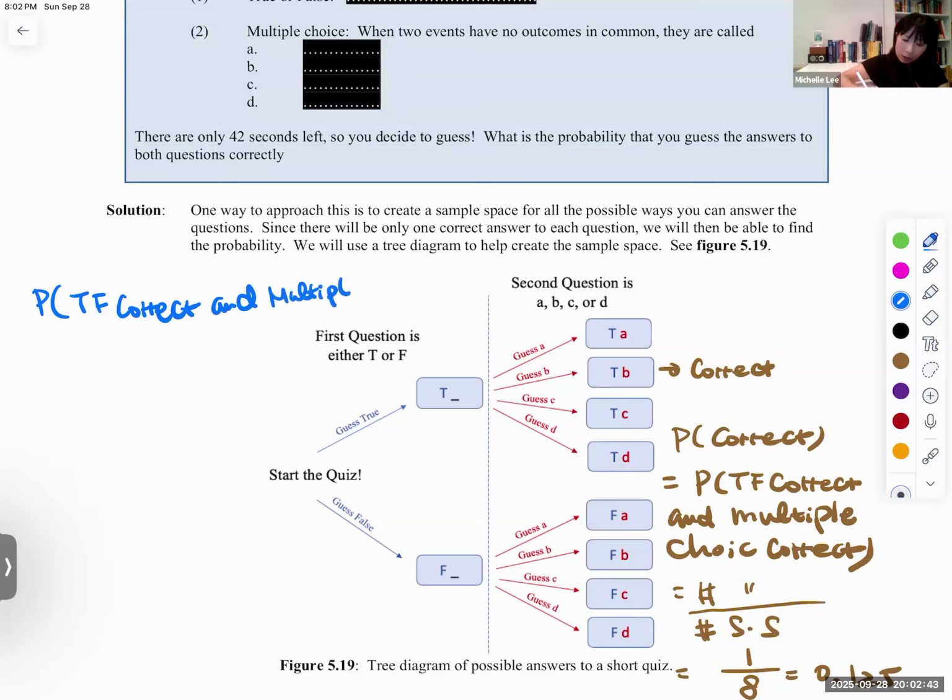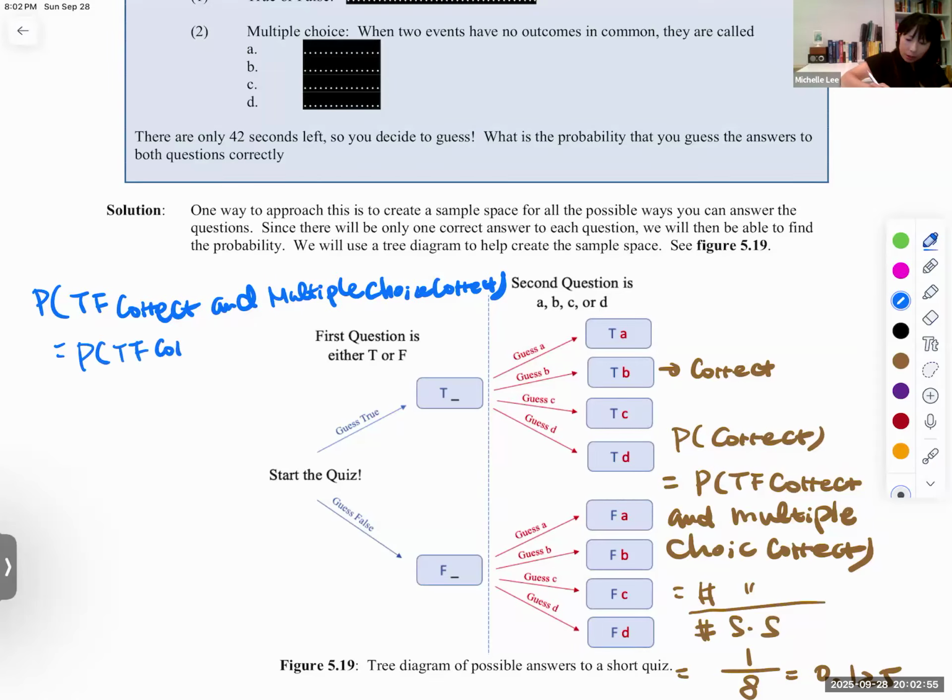Multiple choice, correct, right? Okay, then if we make a true-false correct, and multiple choice is correct, right?